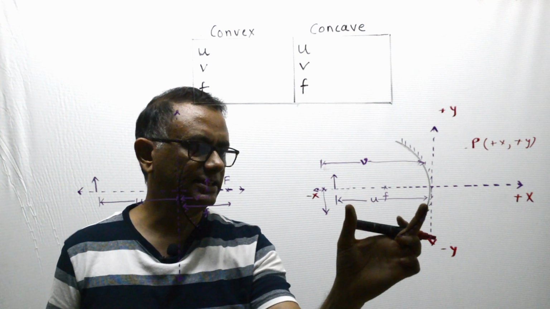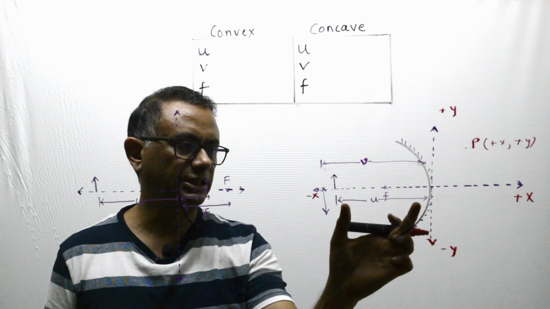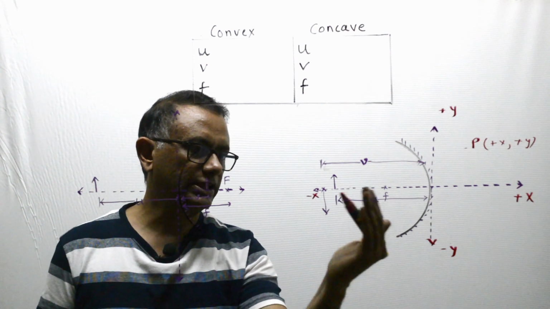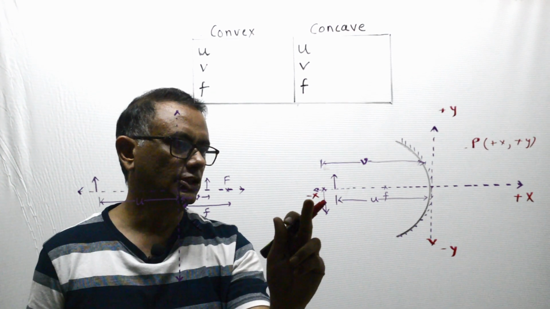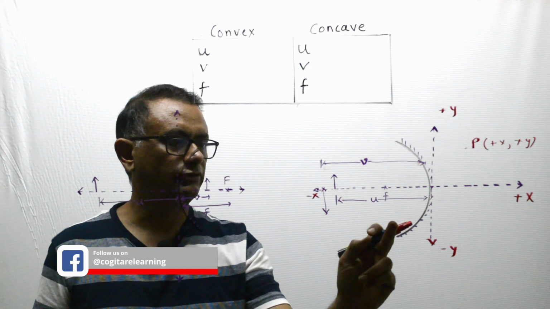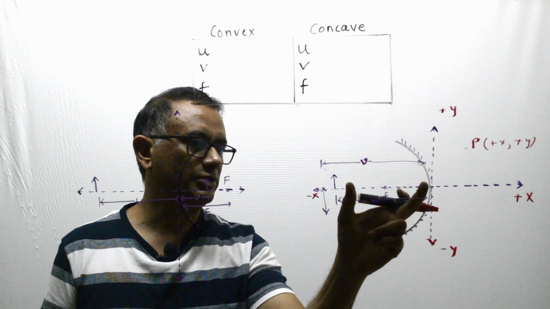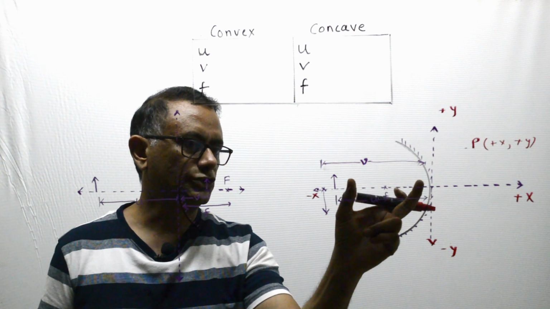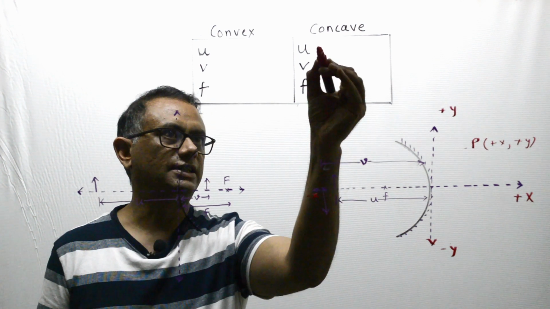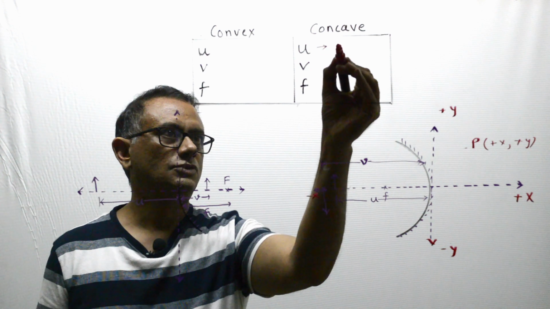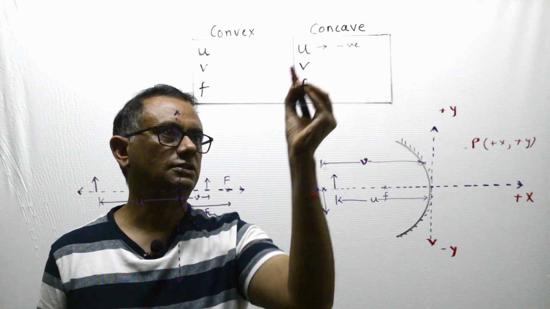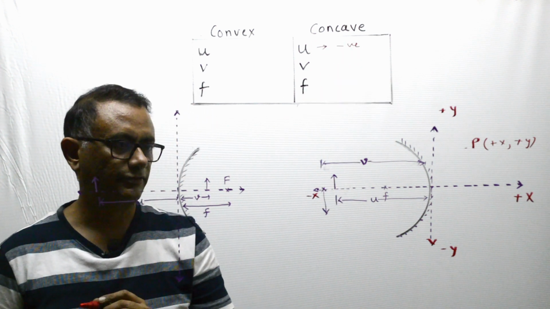We are saying this is our u, which is our object distance. If you look at it, it is on the negative axis. So as a sign convention for concave mirrors, this distance is negative, so u is considered as negative.